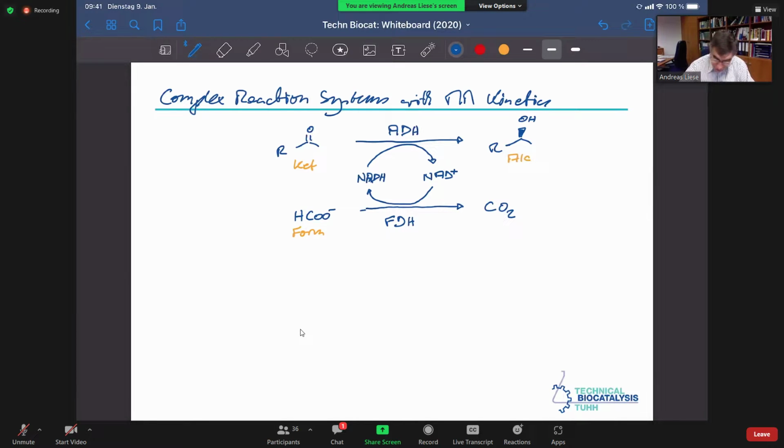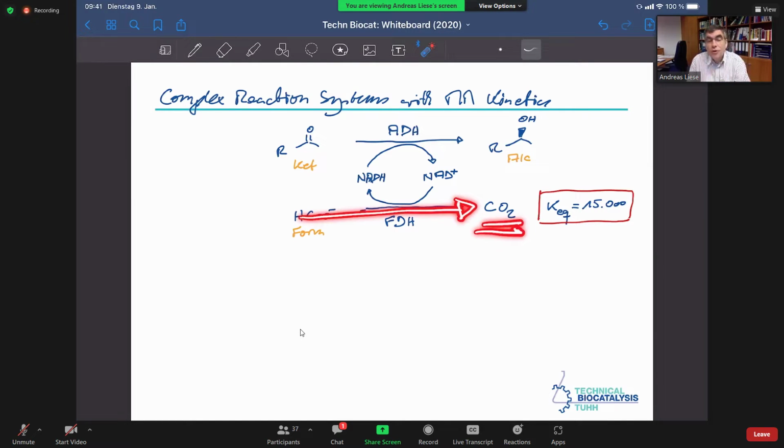The big advantage is that, if you remember the Biocatalysis enzyme engineering lecture, the KEQ for the FDH is approximately 15,000, meaning that the equilibrium for the FDH is totally on the side of the carbon dioxide, not because the carbon dioxide is degassing, but because the equilibrium constant is so high. Because of this, this reaction is formally irreversible.